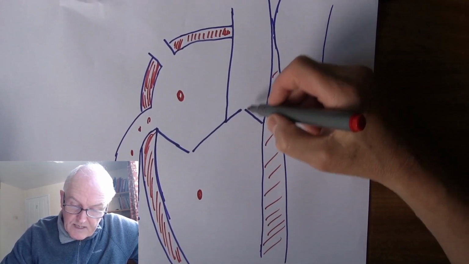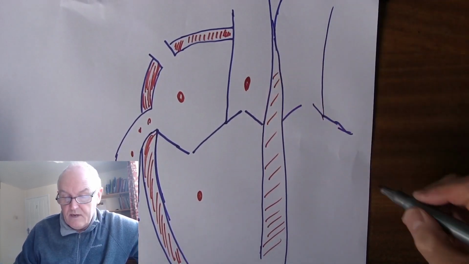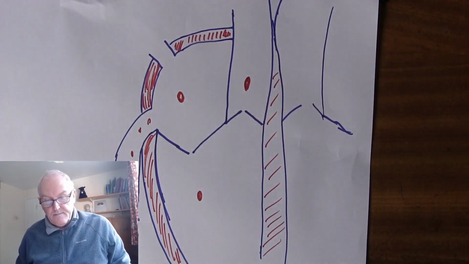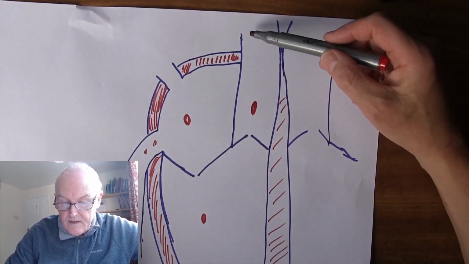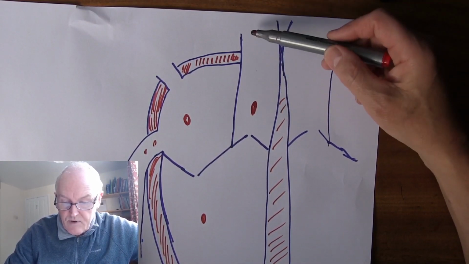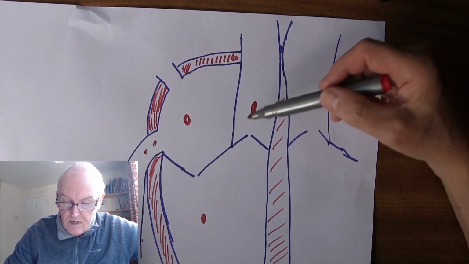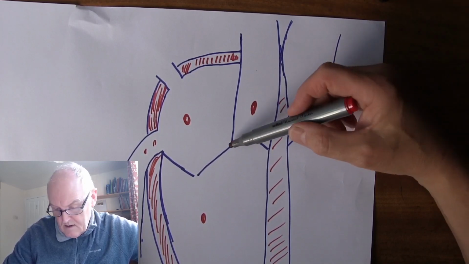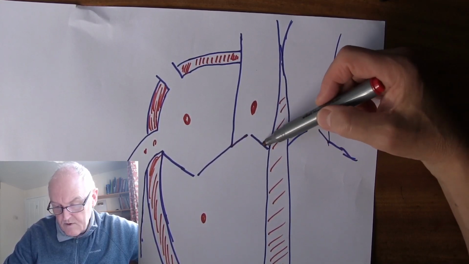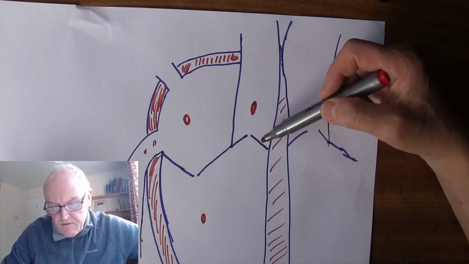And when this contracts, it's going to be ejected into the pulmonary artery. And what we have here is the main pulmonary arterial trunk, taking blood from the heart to the lungs, guarded by the pulmonary arterial valve, or sometimes called the pulmonary arterial semilunar valve.